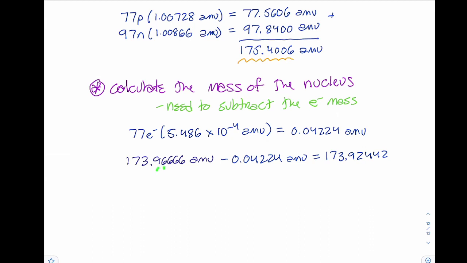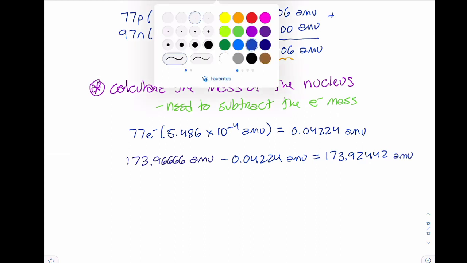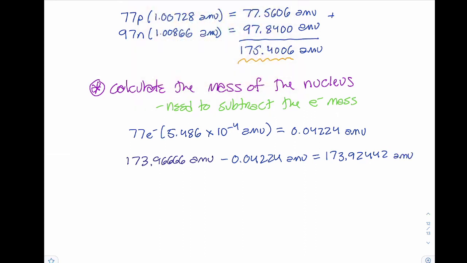Here I have 1, 2, 3, 4, 5 digits; the 0 does count as a digit. I want 5 digits after my decimal point. So this number here is the mass of my nucleus.